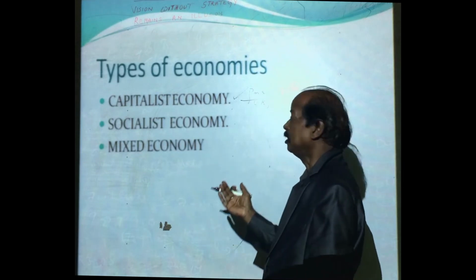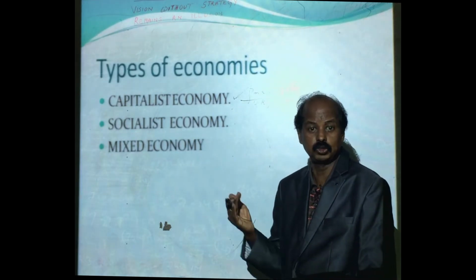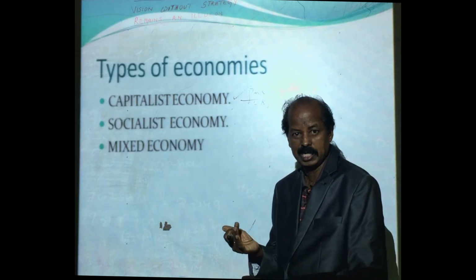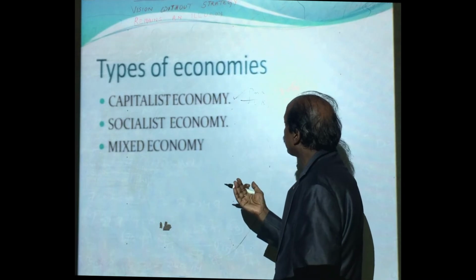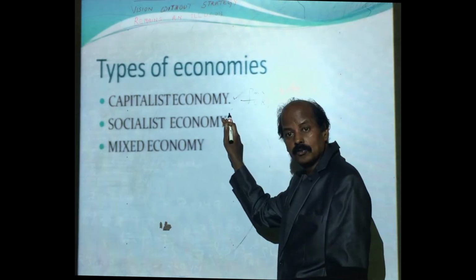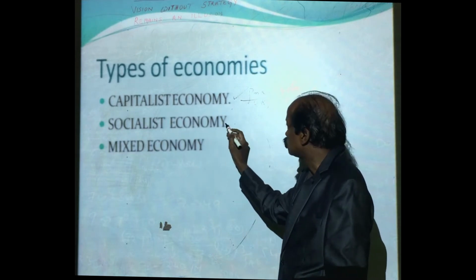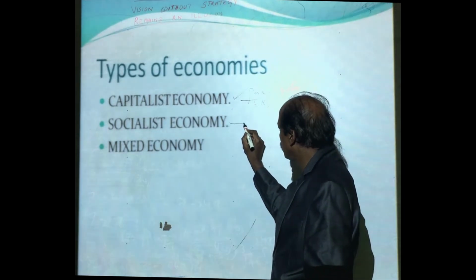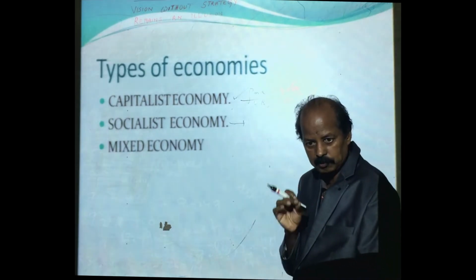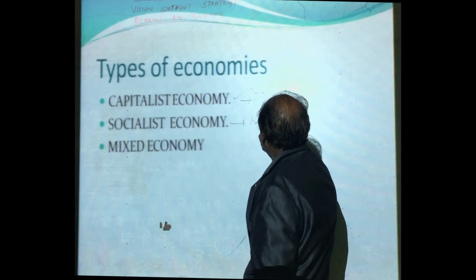So some countries, some economists, some thinkers tried to find an alternative to the capitalist economy. As a result of the evils and effects of capitalist economy, socialist economy came into existence. You have to remember a famous socialist thinker called Karl Marx.